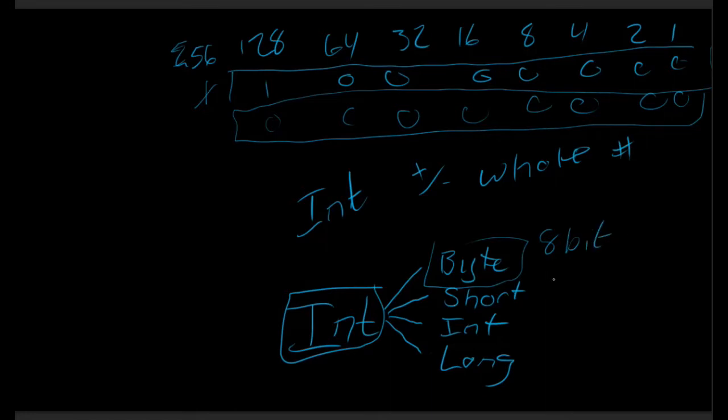Then the short, I believe, is 16, int is 32, and a long might be 64. I can't remember. It might also depend on how your operating system is set up. If you have a 32-bit operating system, then a long might be limited to 32. I'm not exactly sure how that works. I can research that if you're really interested.